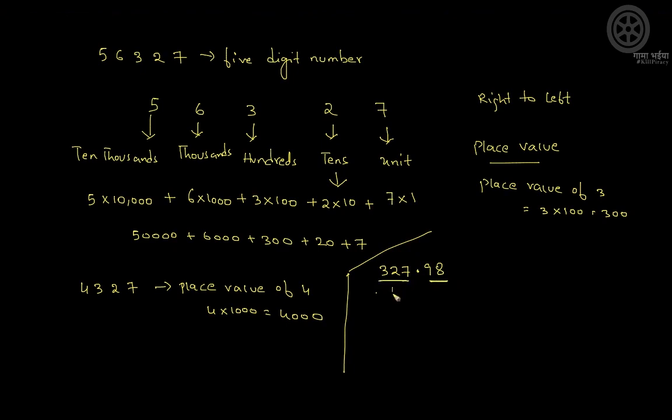This left hand side is called the integral part or whole number, right? This is called the decimal number, right? So 0.98 is called the decimal number and 327 the whole number, right? Now how do you express this number? 3 into 1000 plus 2 into 100. Sorry, we have only 3 digits, right? Right, see.